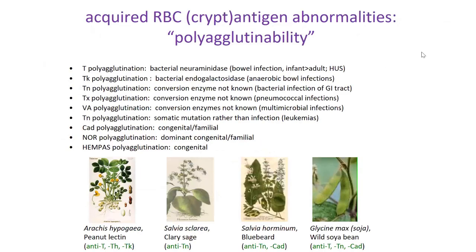On a final note, I want to acknowledge polyagglutinability, so states of crypt antigen vulnerability to pre-existing antibodies that are present in our plasma. Our antigens get processed with a number of post-translational modifications, and these in essence act as shields. This is how we construe our version of normal.